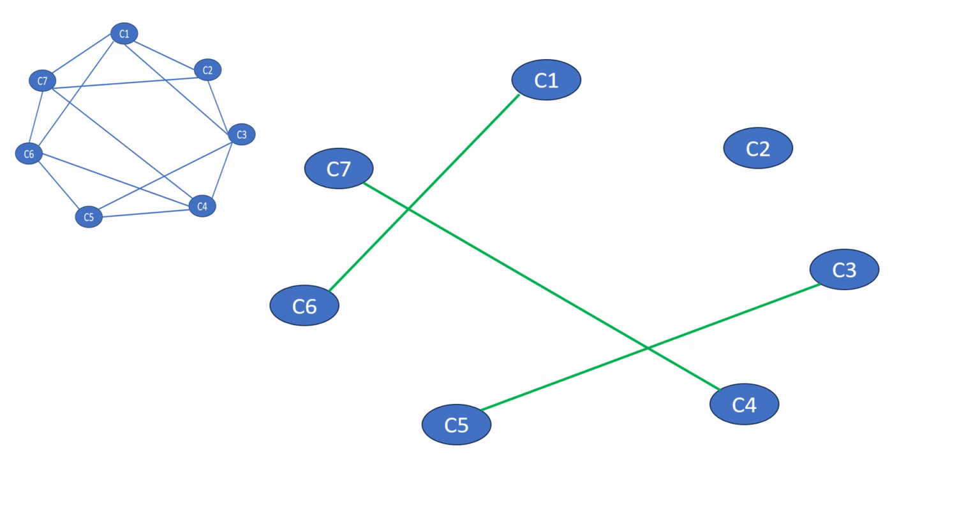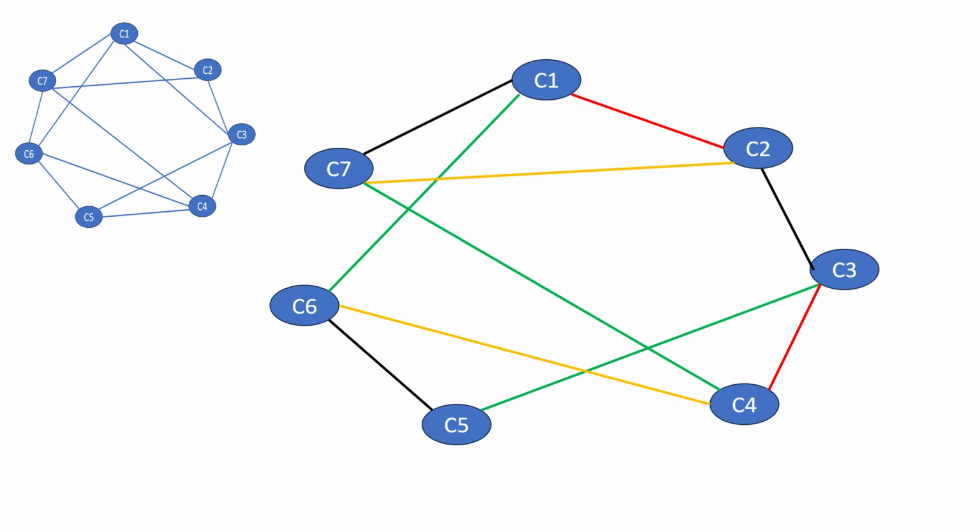C1C6, C4C7, C3C5, green. C2C7, C4C6. So this is how we are giving different colors which satisfies no two adjacent edges has same color.